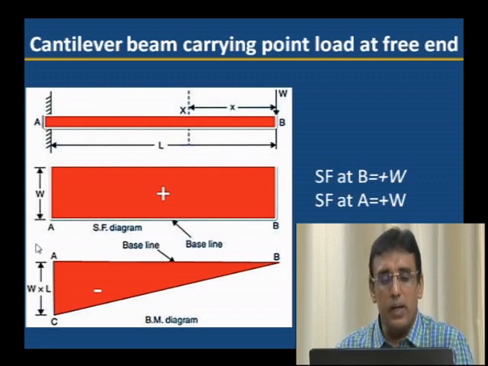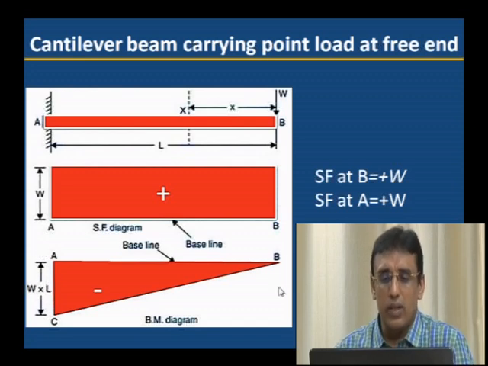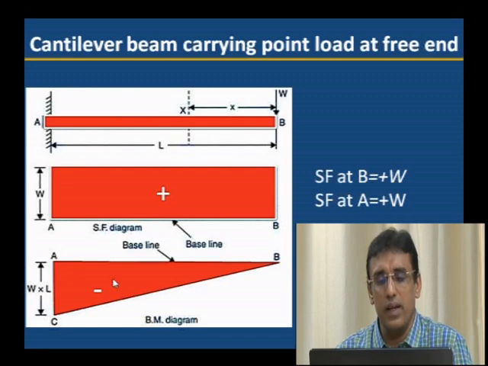At A, force is W, distance is L, so bending moment at A is W into L. Therefore the bending moment diagram is a triangular shape with maximum bending moment at A and 0 at B. We can observe that maximum bending moment occurs at the fixed end and minimum at the free end.